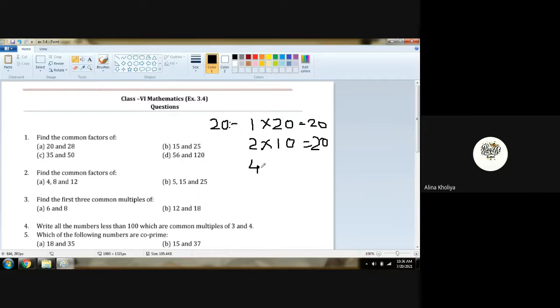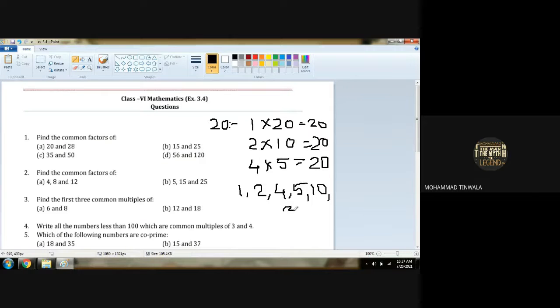I don't think any other table will be there. So 5 is done. 1, 2, 4, 5, 10 and 20 are the factors of 20.